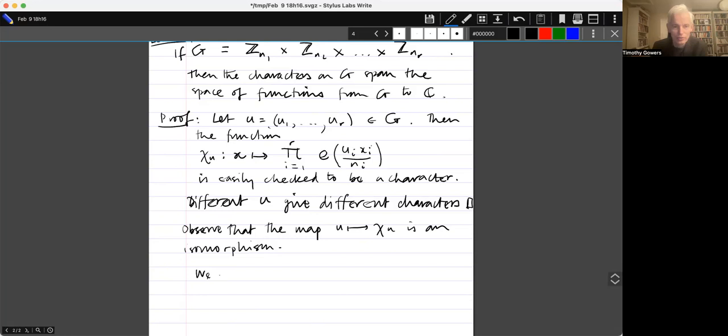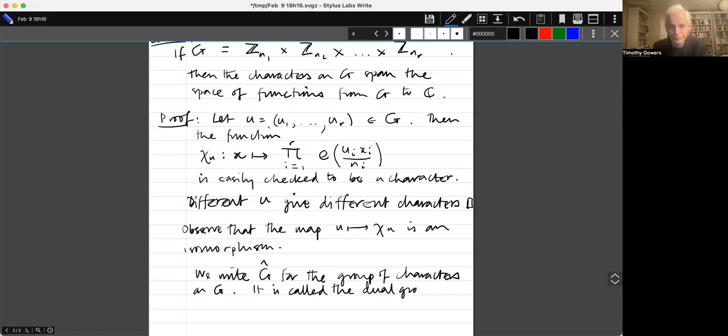So we write G hat for the group of characters on G. And this is called the dual group. And sometimes it's also called the Pontryagin dual of G.